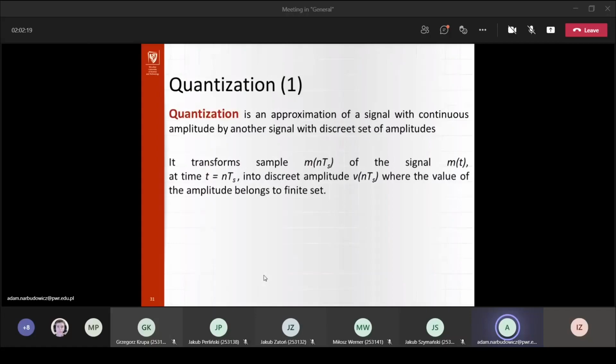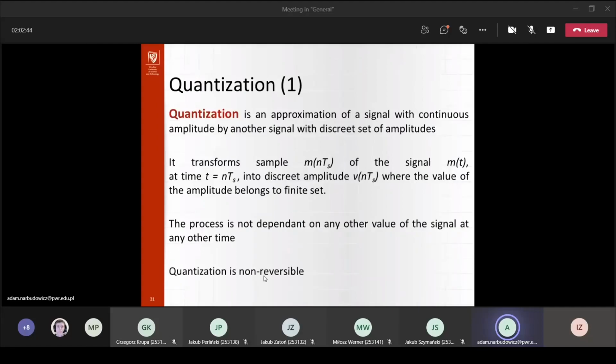Basically, a more formal definition: we transform continuous amplitude to some set of discrete values out of a finite set.